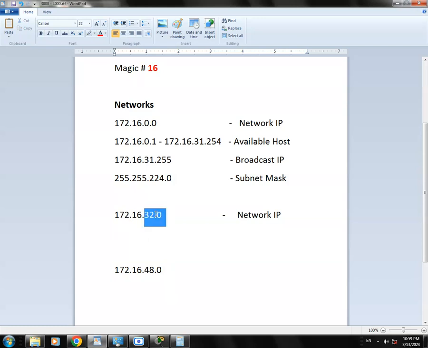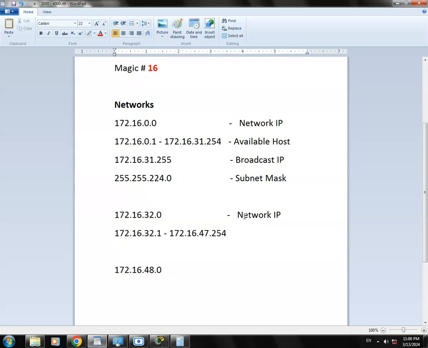And what is the first available host that we can use in this network? Can you guess? It's 172.16.32.1, of course, and this will be up to 172.16. Since this is 48, it should be 47, and then .254.